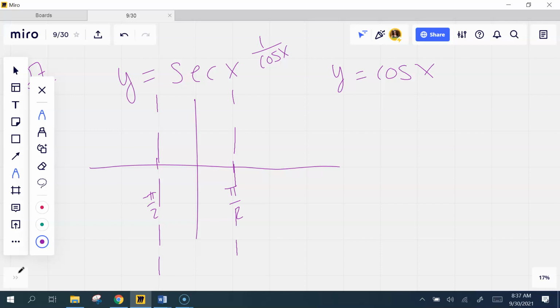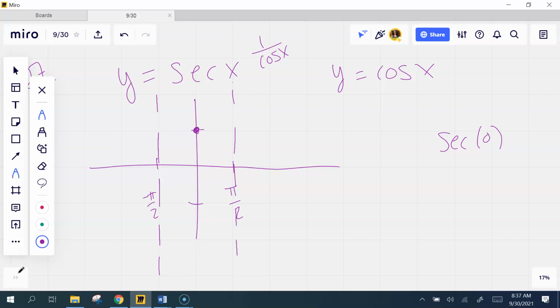At 0, what is the secant of 0? This is a non-calculator problem. You can do the negatives too. It's 1. Why is it 1?